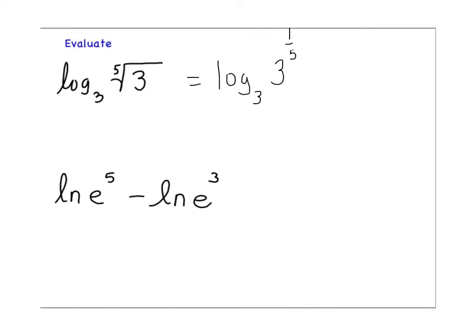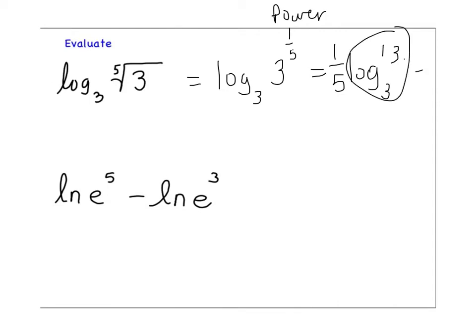We learned previously that log to the base 3 of 3 is just equal to 1. But before we do that, we'll use the power property by writing the 1/5 out in front. Log to the base 3 of 3 becomes 1. And so the answer is 1/5.